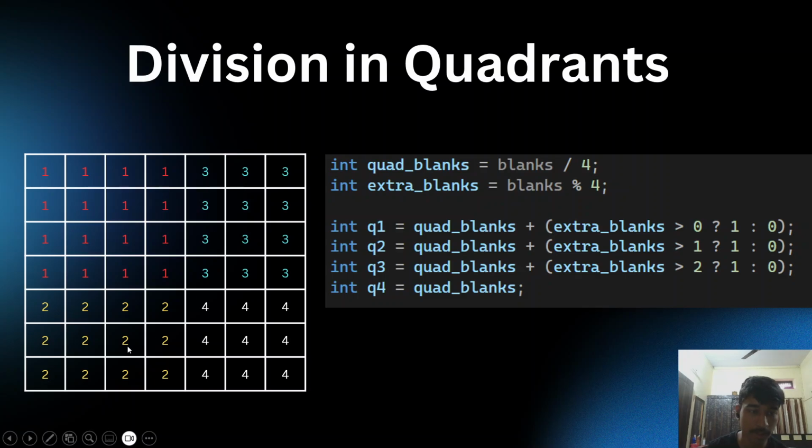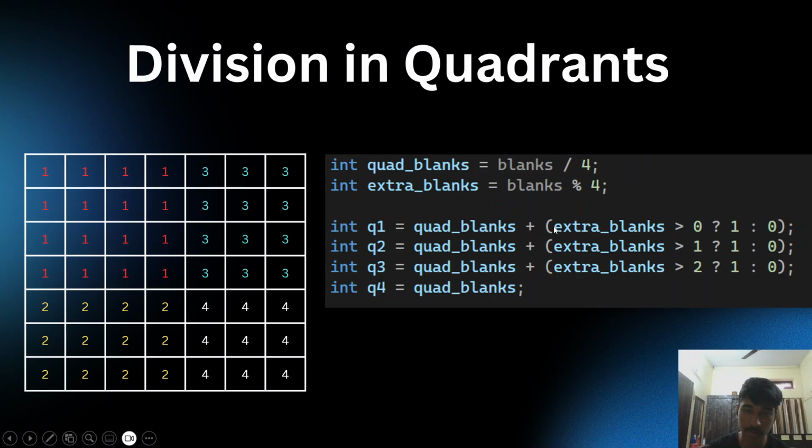So three blanks are definitely going to be in each of these quadrants, and extra blanks is 14 modulus 4, so it will return 2. So the value of extra blanks is 2. So Q1 will be defined as the number of blanks in the first quadrant, so it is 3 plus. This is a notation similar to if else.